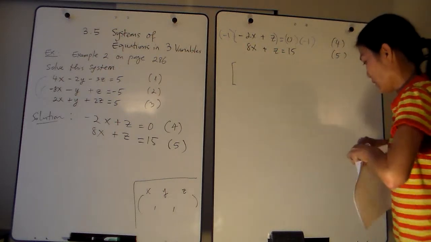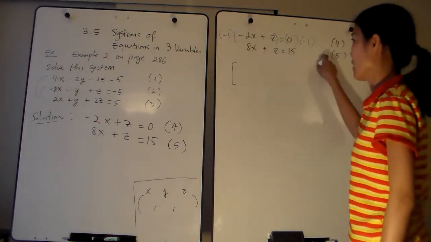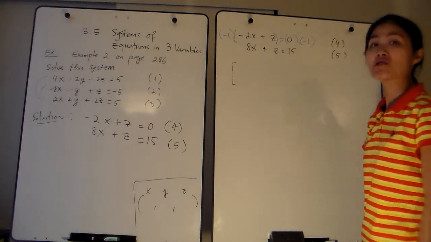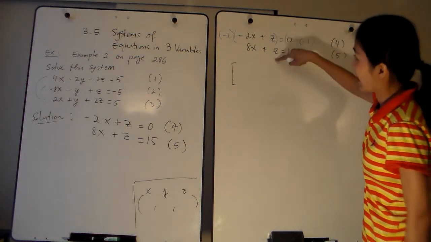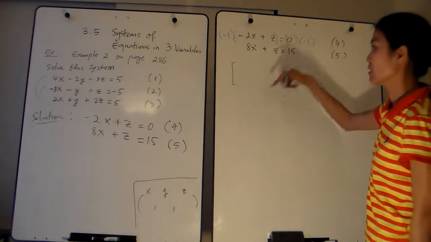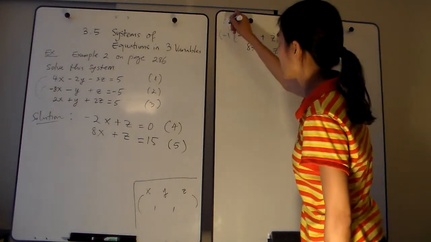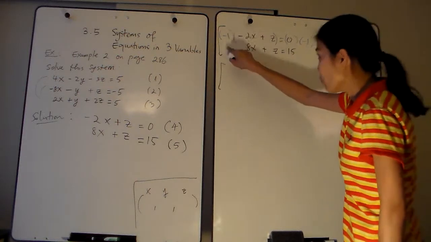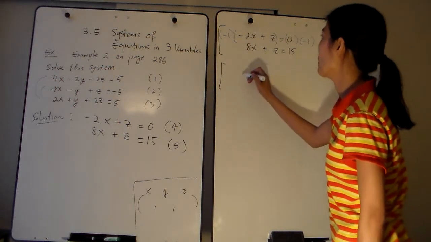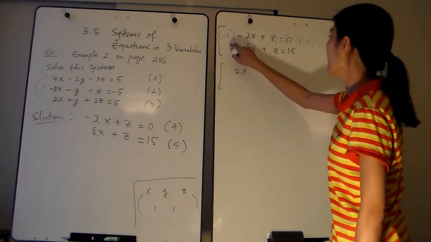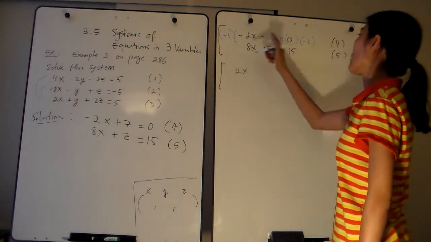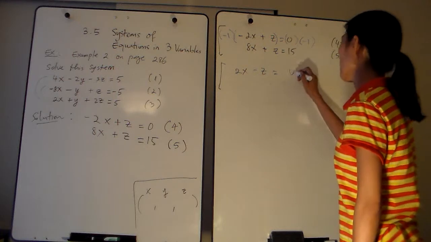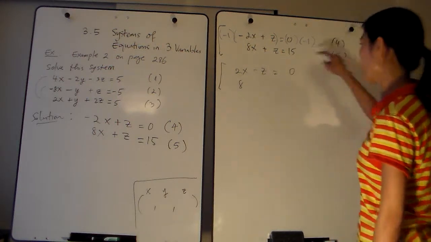Okay. If I multiply negative 1 on both sides, look at that. Negative 1 times this z right here is negative z. So that means I can eliminate with this z. Alright, let's simplify. Negative 1 times negative 2x is positive 2x. Negative 1 times z is negative z. 0 times negative 1 is 0. Copy this equation 5.